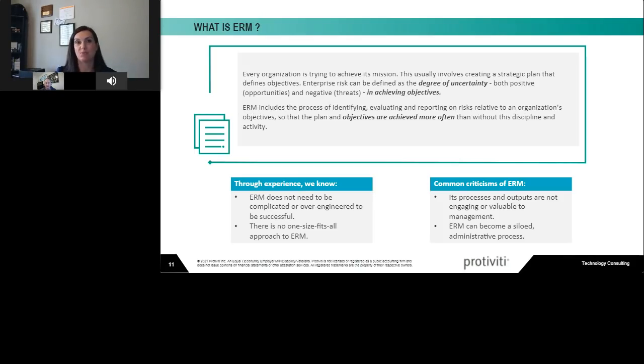But we are seeing at Protiviti a lot of requests, I think mostly because of COVID and the pandemic, from organizations that want to reimagine ERM, take it back to the drawing board, or start developing an ERM program so that they can be more timely in responding to risk and make sure that senior leadership and the board know what potential risks are out there. And that's really what ERM is intended to do.